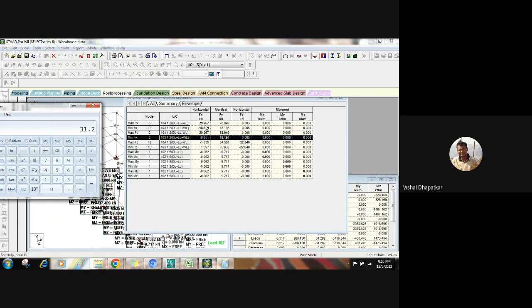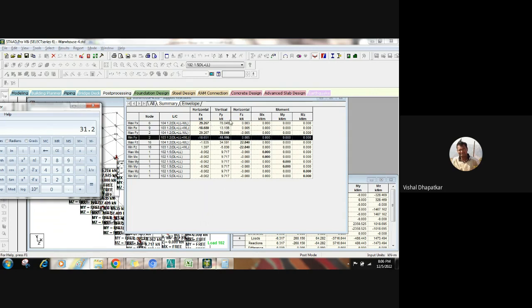So the friction between the pedestal and base plate is nullifying the actual shear coming due to the design forces or due to the combination. So that's why we don't need to design the anchor bolt for any shear in this case, particularly for this case, right? We have to design the base plate only for the base pressure acting from the bottom, right?